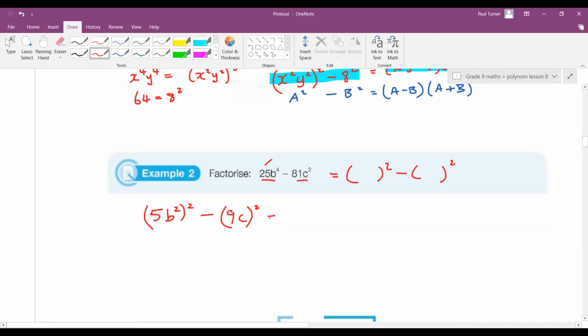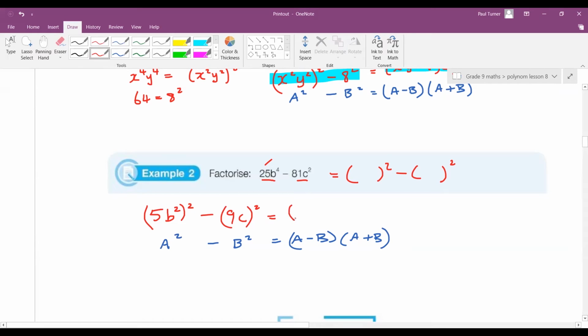So we have the right form now. a squared minus b squared. Write our formula. a squared minus b squared is a minus b, a plus b. You can put a plus b first, doesn't matter.